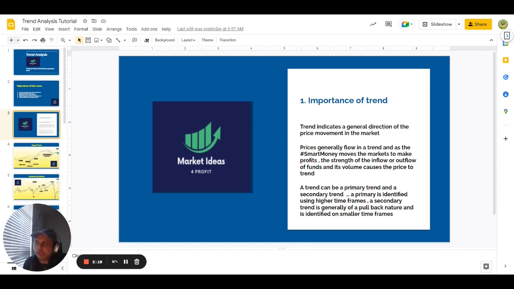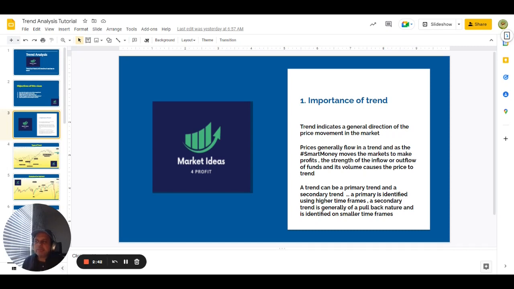Prices generally flow in a trend, and as the smart money moves the market to make profits, the strength of the inflow or outflow of the funds and its volume causes the price to trend. What causes the trend? Well, retail traders like us will buy 100 shares, 200 shares, 1,000 shares, 10,000 shares. That's not a major quantity, and at times that's not the amount of quantity that can move a market.